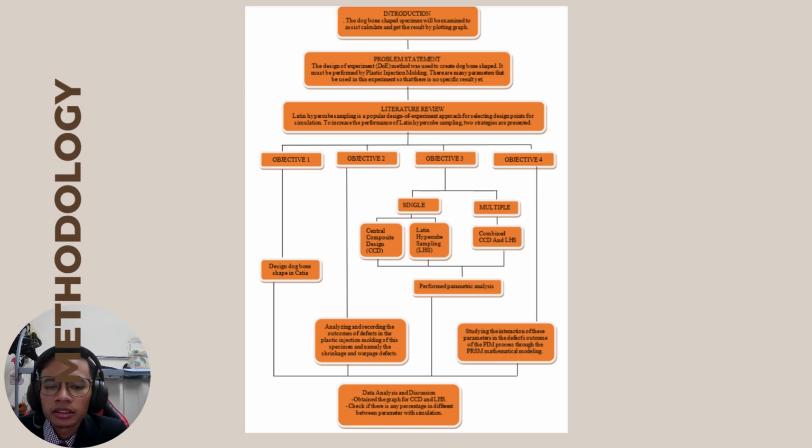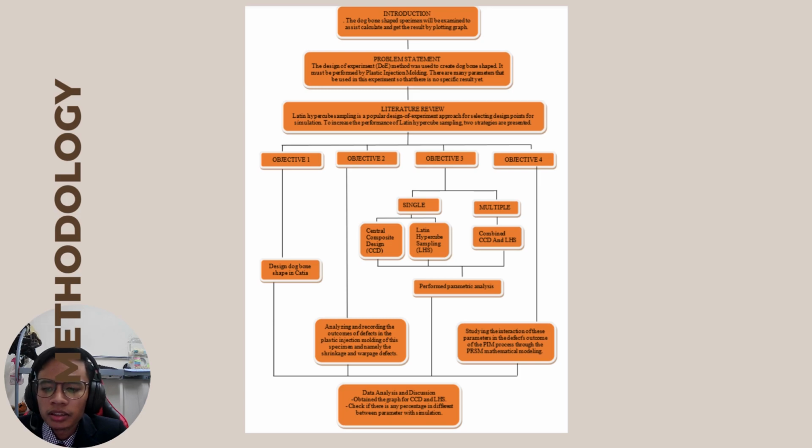Next is literature review. After the literature review, I must identify four objectives. After identifying the four objectives, I must do the objectives, which are first, design the dog bone sheet in CATIA.